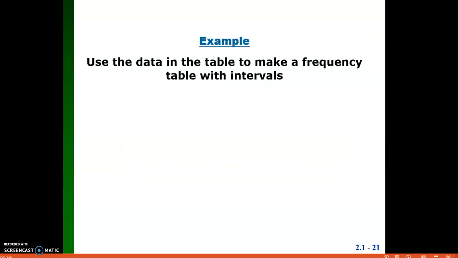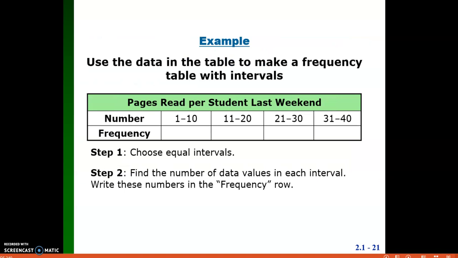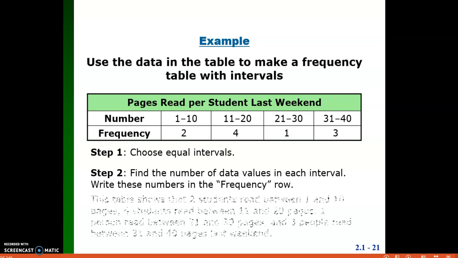So the frequency for that is 2. The same way, you can find how many values are between 11 and 20, that is 4. Same way, 21 to 30 is 1, 31 to 40 is 3. That's the way you can create your frequency table. You can create this in a horizontal way or a vertical way.